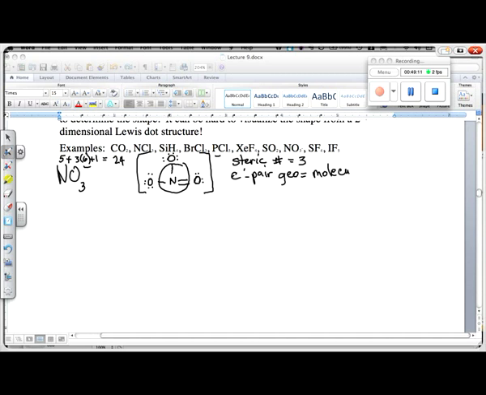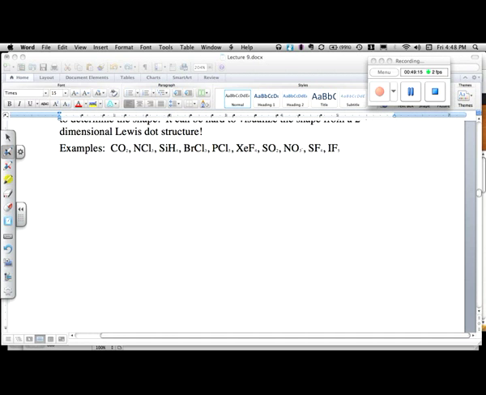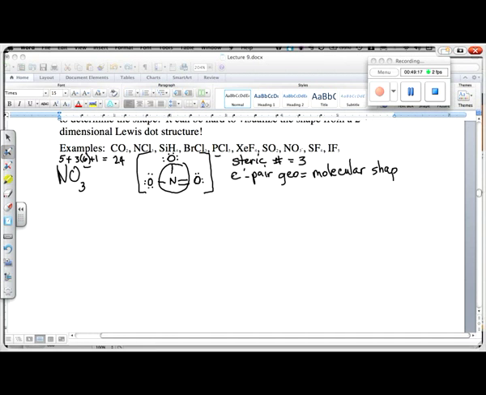It'll be the shape on the steric number 3 row all the way to the left, and that is trigonal planar or triangular planar. A flat triangle of a molecule.